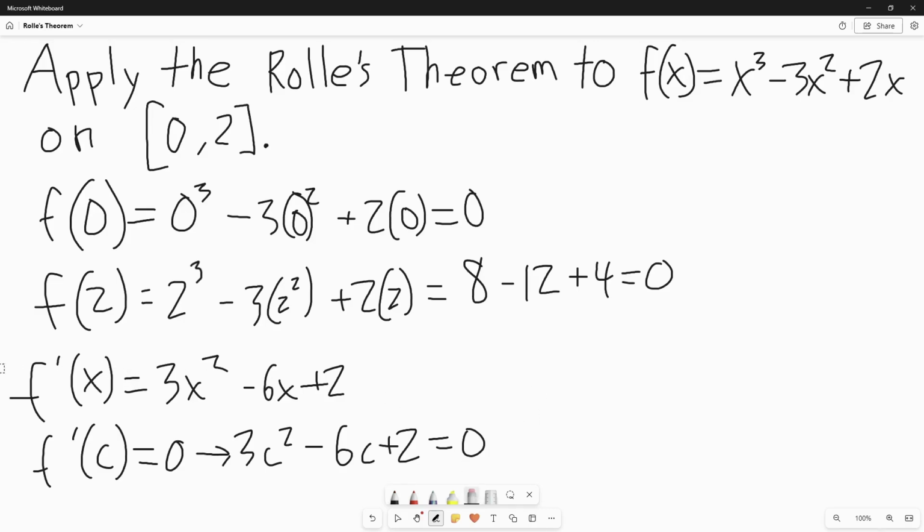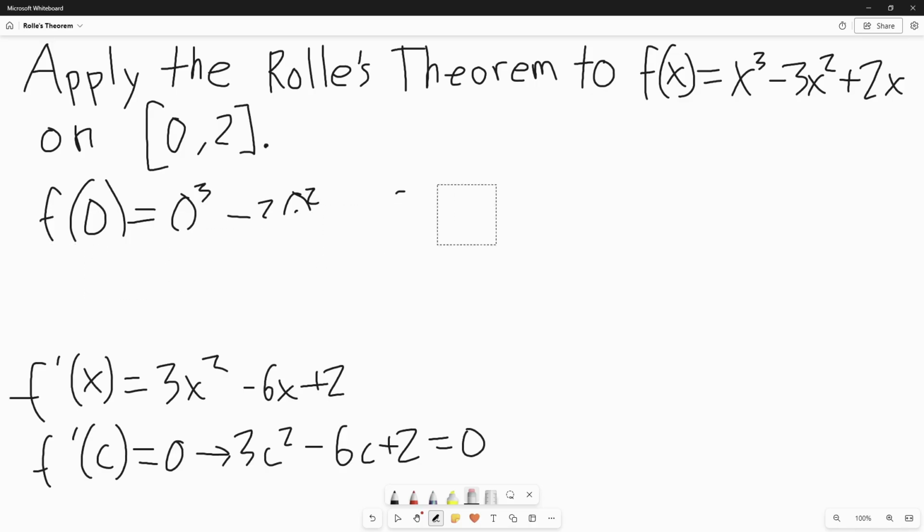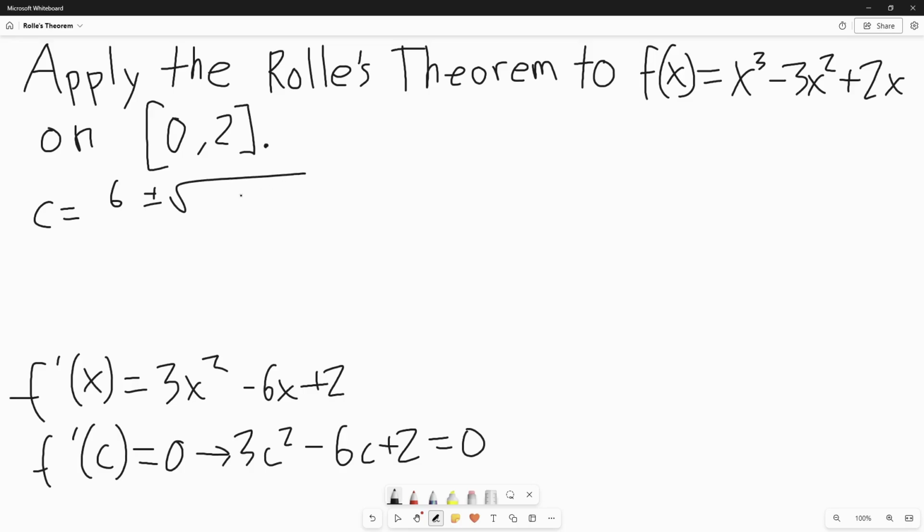So let me erase this part to do it up here. And we can write it as c equals 6 plus or minus the square root of 36 minus 4 times 3 times 2, all over 2 times 3.